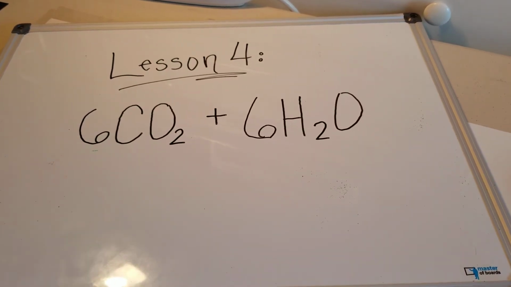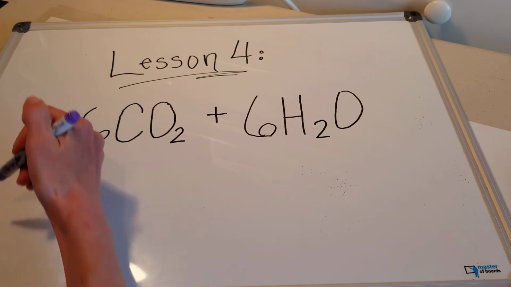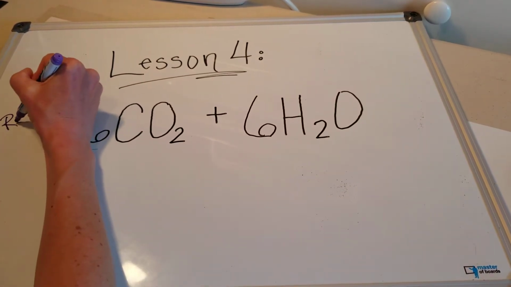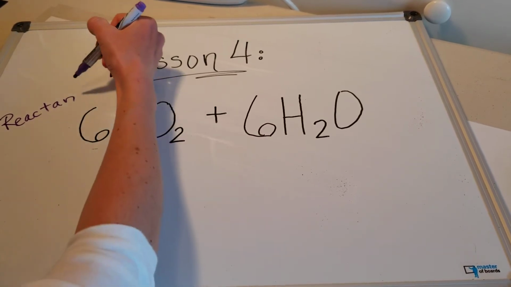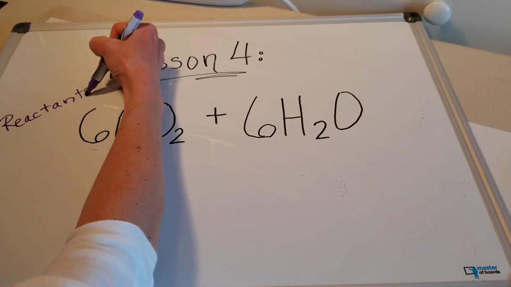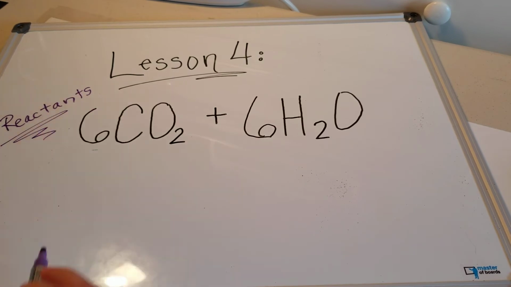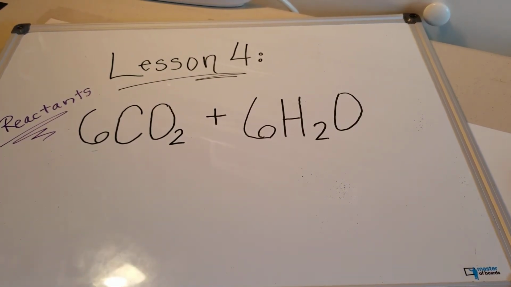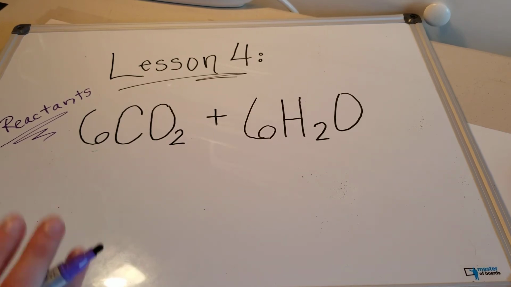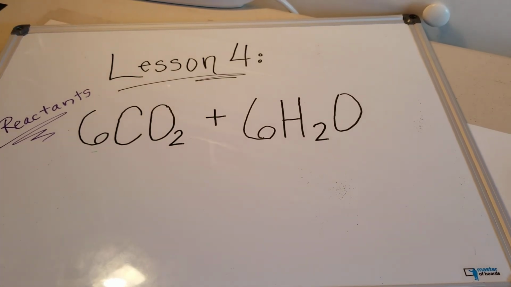So all of this is our reactants, remember. So everything here, we're looking at the reactants. This is the beginning of our process in our chemical reaction. So something's going to happen to these guys to make something new.